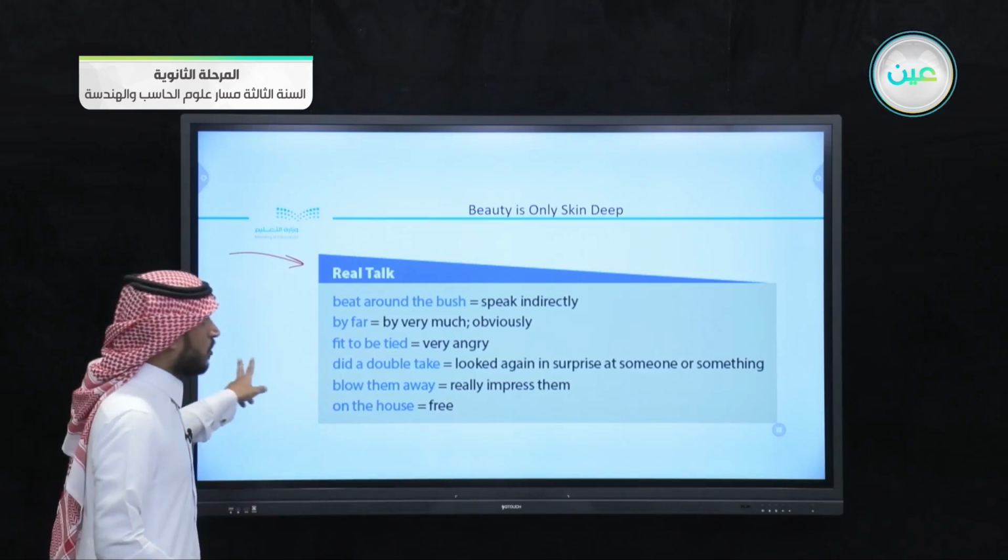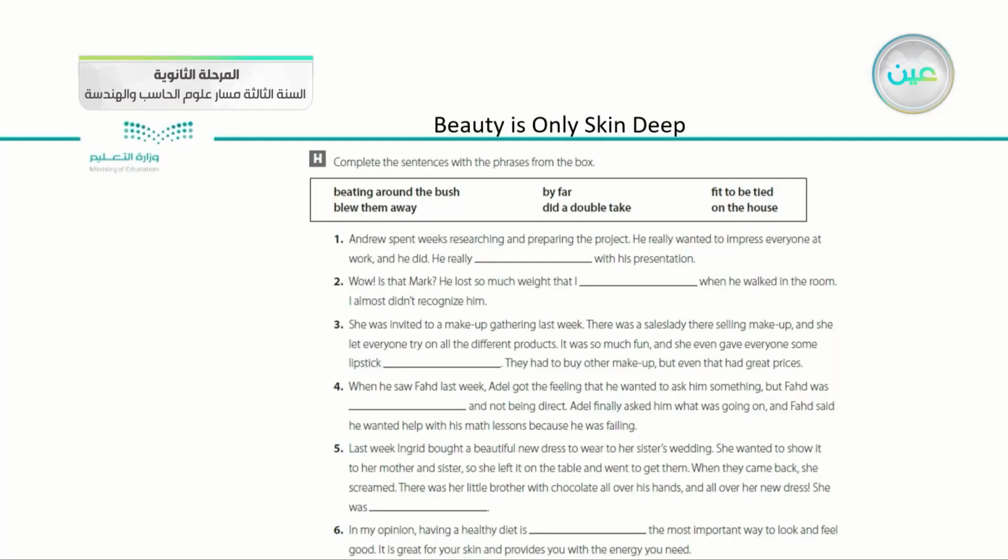Now we will go to this exercise on page 23 in your workbook. Exercise H is related to the previous expressions that we have just explained and talked about.